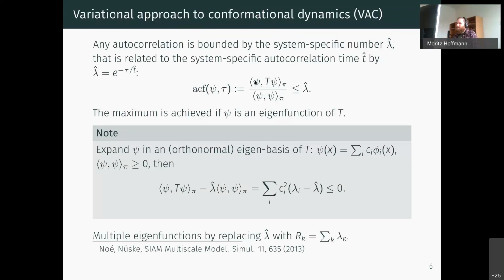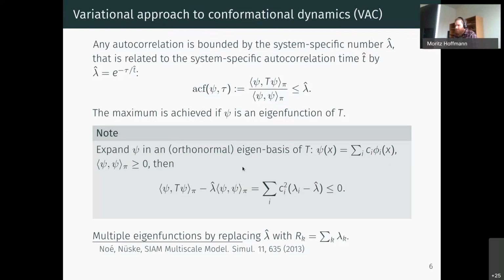And what we can see here is that the maximum of this expression is achieved if psi is an eigenfunction of T. And we can see this a bit more clearly if we expand psi in an orthonormal eigenbasis of T. Yeah? So here again, we do something with the spectrum. And we get these coefficients c_i and eigenfunctions phi_i.